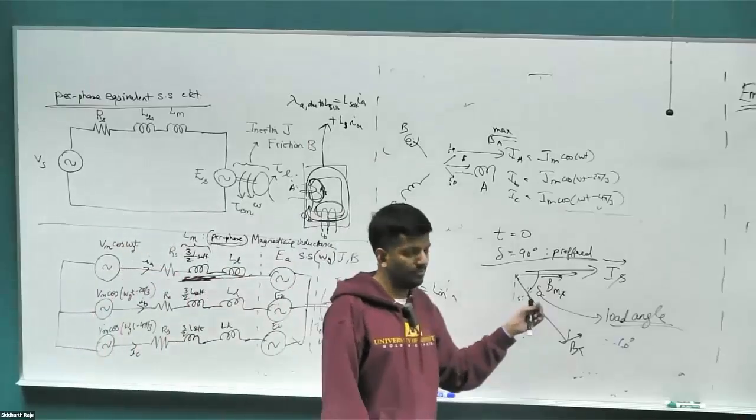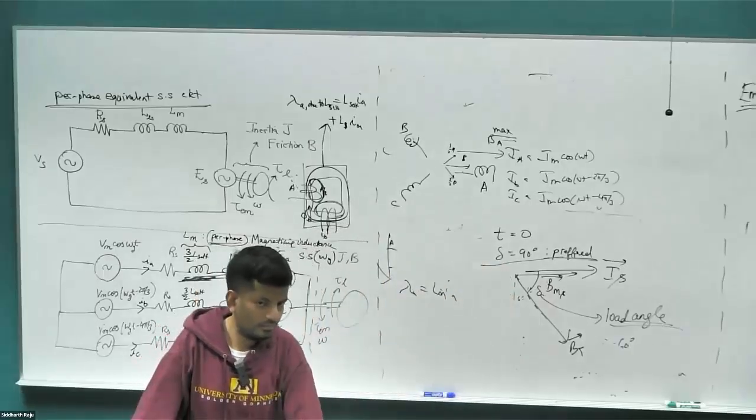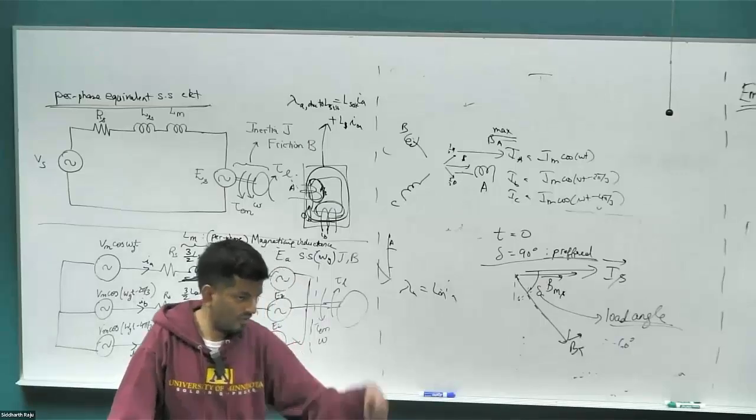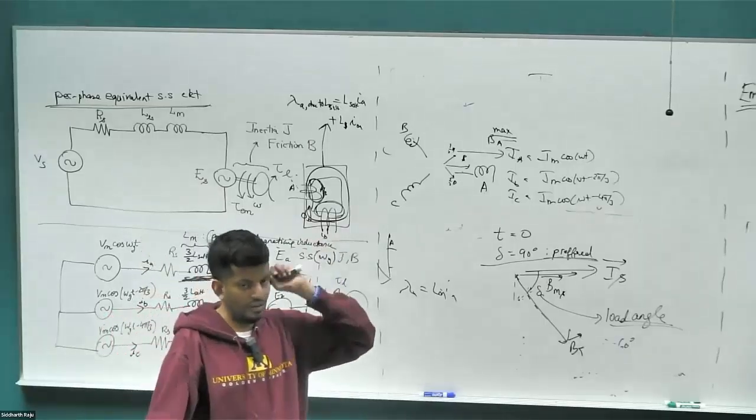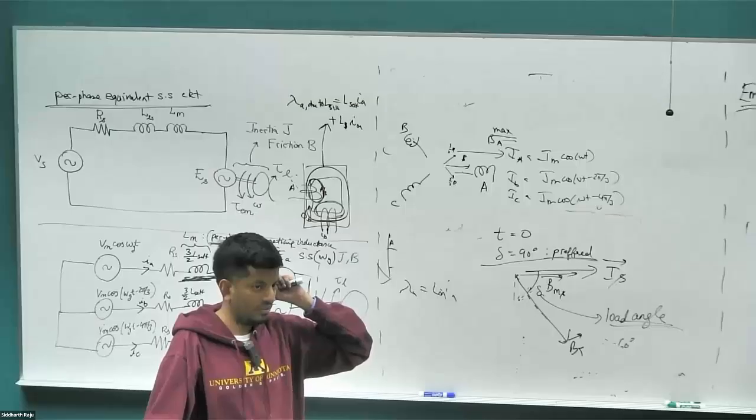What is the relationship between the flux and the EMF? EMF equals N d phi by dt. So if you have a flux in one direction, what will be the direction of the EMF that comes out of the flux? Is it in the same direction?